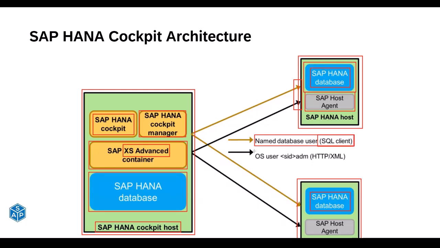And if you run any OS level command, based on your SIDADM, it will be transferred through HTTP or XML protocol and redirected to your SAP host agent. So these two interfaces, HTTP and XML, will be taken care of by the SAP host agent, and all the SQL queries will be taken care of by the SAP HANA database. Is it clear till now? Any doubts, any queries?